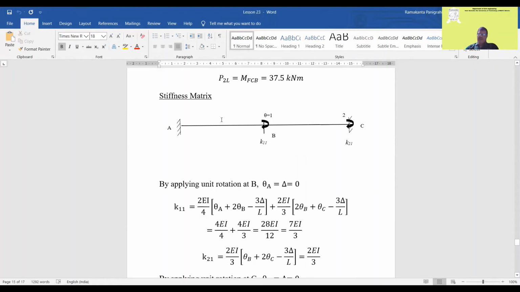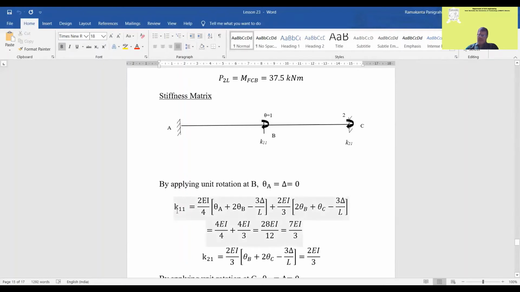How to develop the stiffness matrix? To develop the stiffness matrix, we apply a unit rotation at 1 and find what force is developed at 1 and 2. Here theta A is equal to 0 and delta is equal to 0, by giving a unit rotation. Now what will be K11?